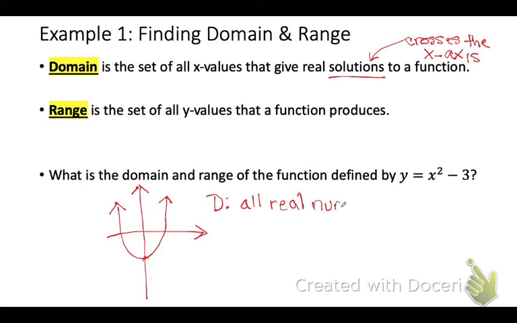But we are going to be writing these in different kinds of notations. Okay? We're not going to write the words all real numbers. We're going to have set notation and interval notation, and we're going to use those.